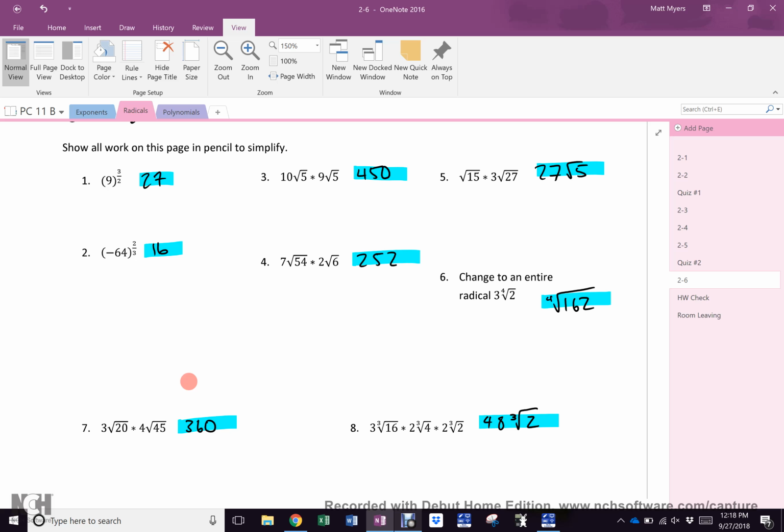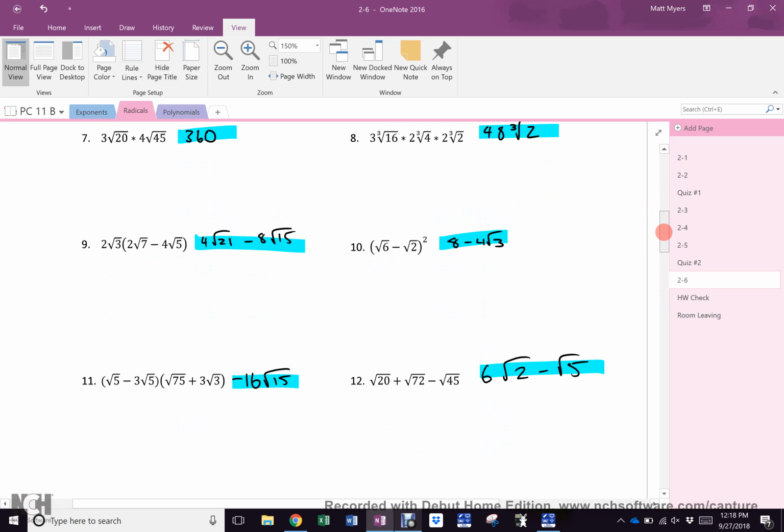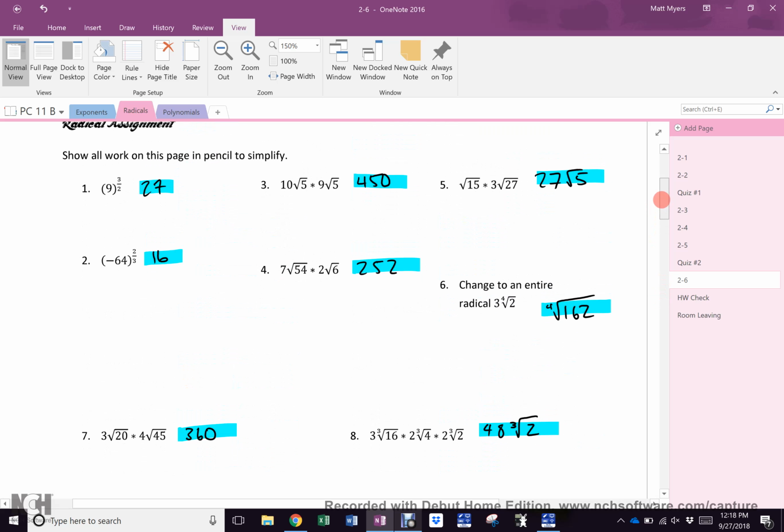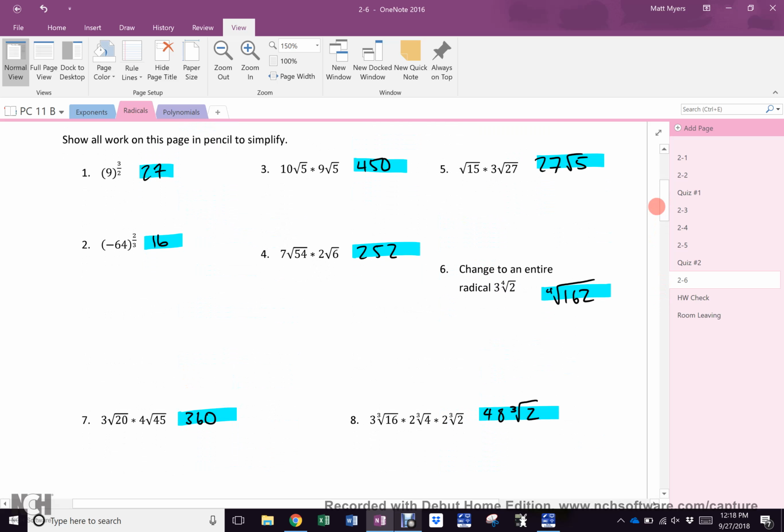Give yourself 1 for everything on the first page, because they're all pretty easy. Does anybody need to ask about any of those? Everyone is good on 1, 2, 3, 4, 5, 6, 7, 8? Wait, not yet.